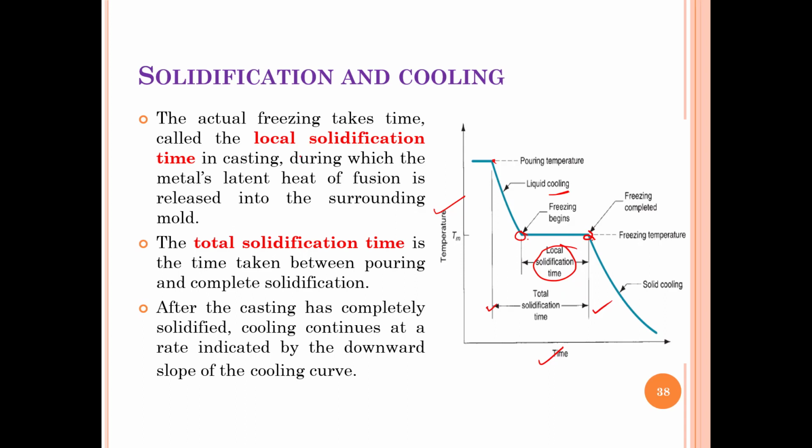The actual freezing takes a time called local solidification time in casting, during which the metal's latent heat of fusion is released into the surrounding mold. The total solidification time is the time taken between pouring and complete solidification. After the casting has completely solidified, cooling continues at the rate indicated by the downward slope of the cooling curve.